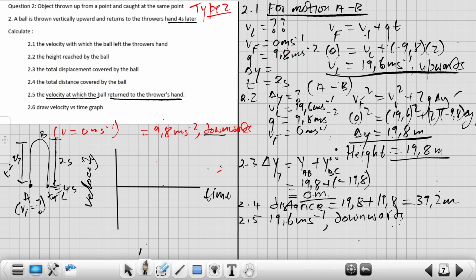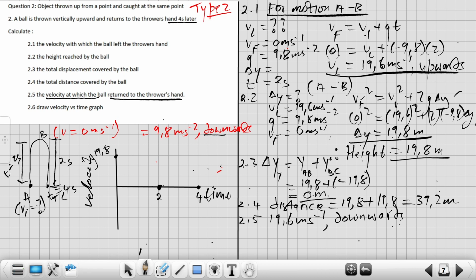But what was the initial velocity? We know that initial velocity was 19.8, and then at some stage we had maximum time, which was 2 seconds, and then we had our motion being completed at 4 seconds.